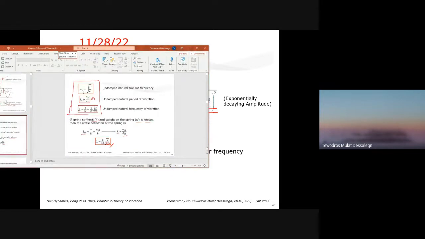This Wn was the undamped natural frequency that we defined.